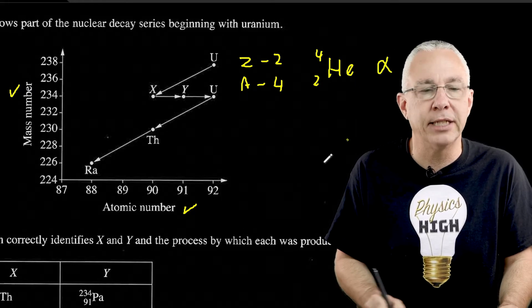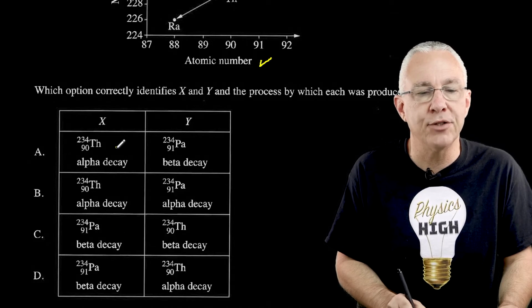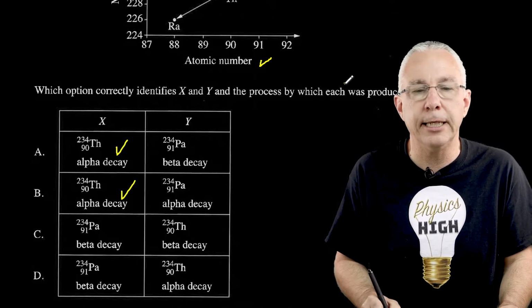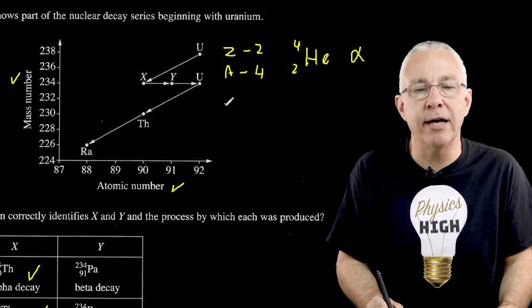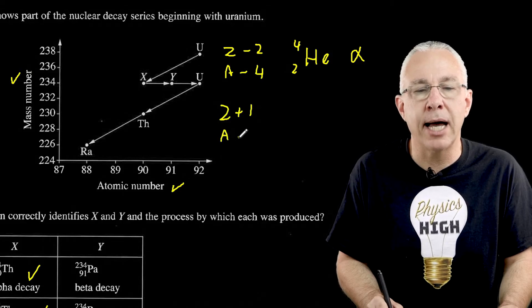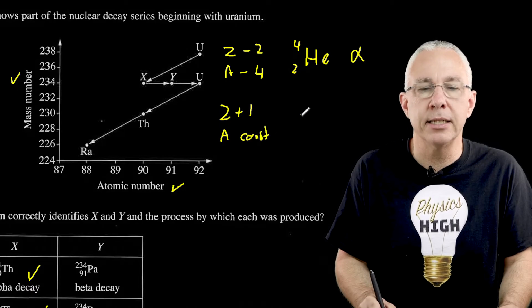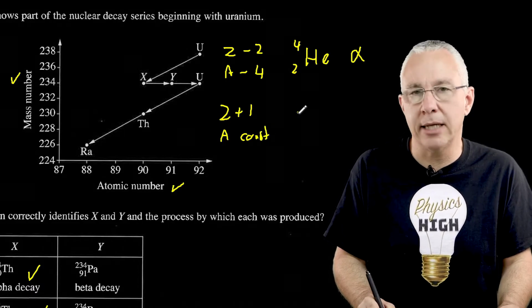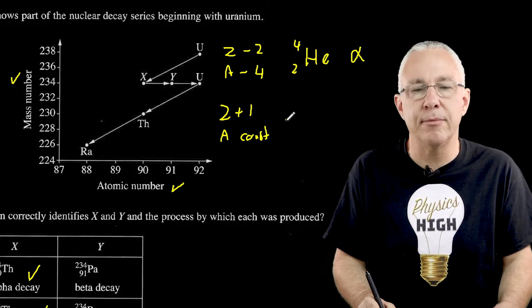Well, that's alpha decay, and so automatically for x, we can see the only options we have so far are A and B. If we now look at y, we're seeing the Z number increasing by 1, but my mass number actually remaining the same. So what that means is I have gained a proton, but I've lost a neutron because the mass number remains the same.